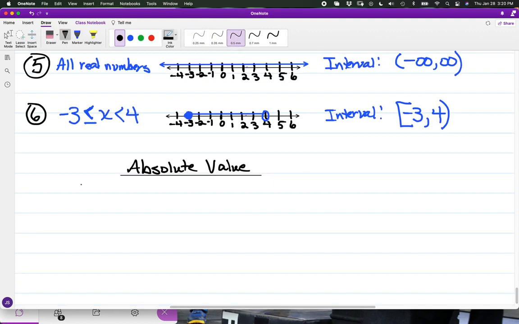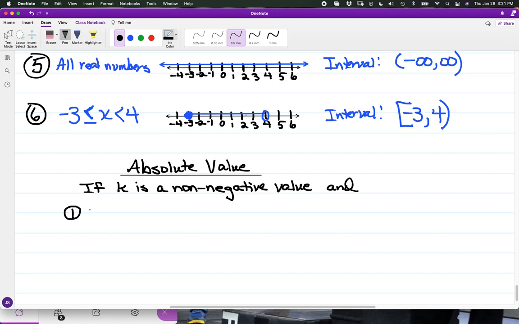And again, if we have that k is a non-negative value, okay, just tying in what we had with equations.